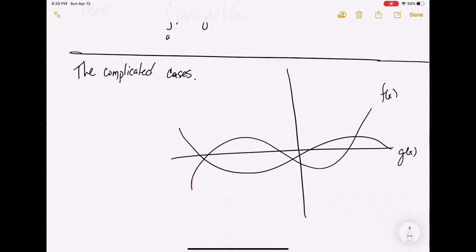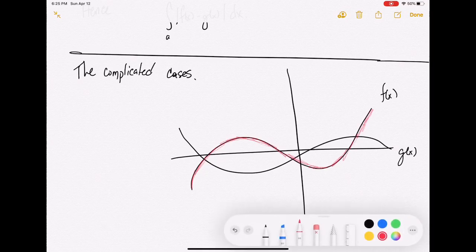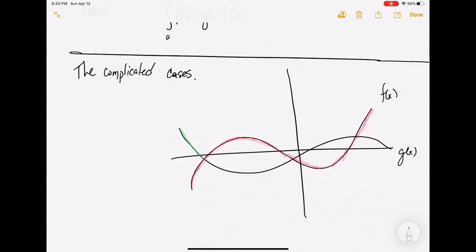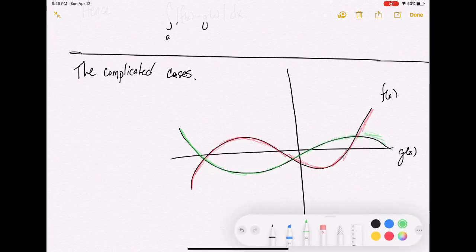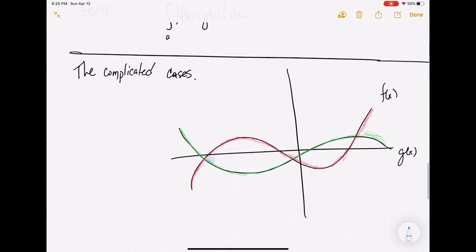So f looks something like this. Color that in red so we can keep track of it. And g looks something like this. Keep track of that one. So the area between them, color in blue, is of course all of this stuff.